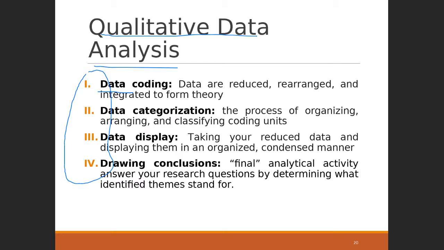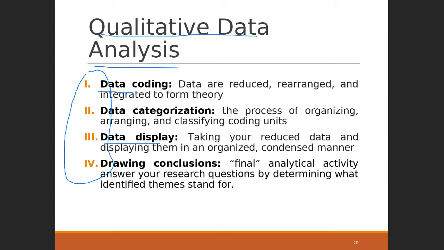In many situations, however, you will have a preliminary theory on which you can base your codes and categories. In these situations, you can construct an initial list of codes and categories from the theory. And if necessary, you can change or refine these during the research process as new codes and categories emerge inductively. The third step is data display.